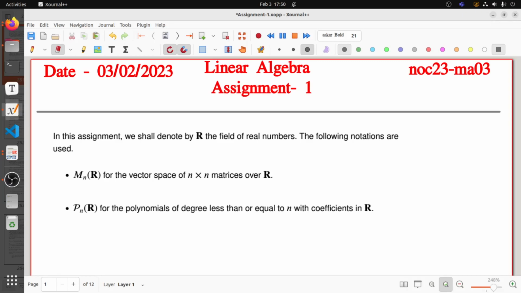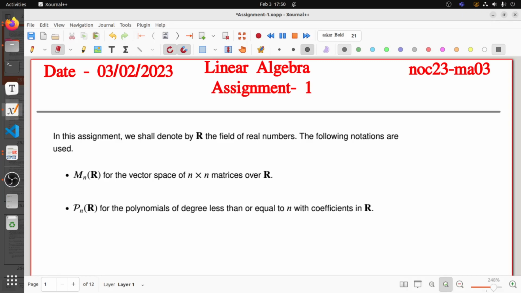What is it saying? Consider the vector set V equals R plus. What is R plus? R plus is the positive real numbers, all such x in R such that x is greater than 0. This is our set V. Now we have defined two operations.